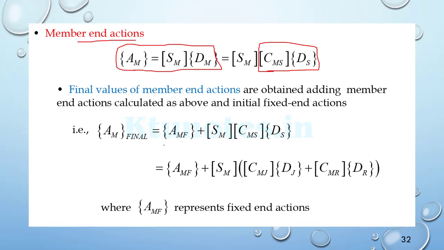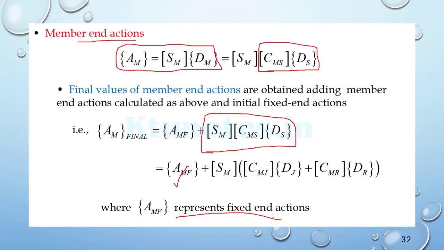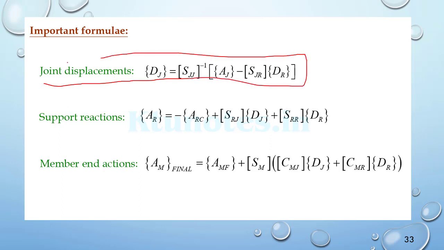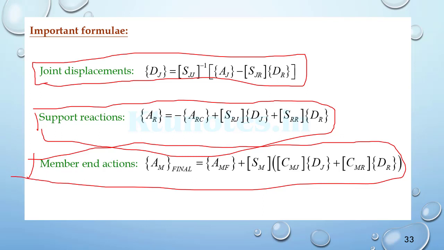So AM final is equal to AMF plus SM into CMS into DS, where AMF represents the fixed end actions. So these are the derived formulas: the joint displacement DJ is equal to this equation, the support reaction AR is equal to this, and the member end action is given by the last equation.